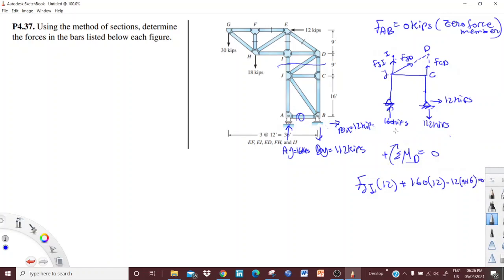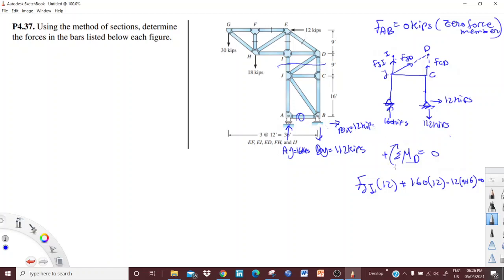Since we take the moment at D, we need to draw an imaginary line.